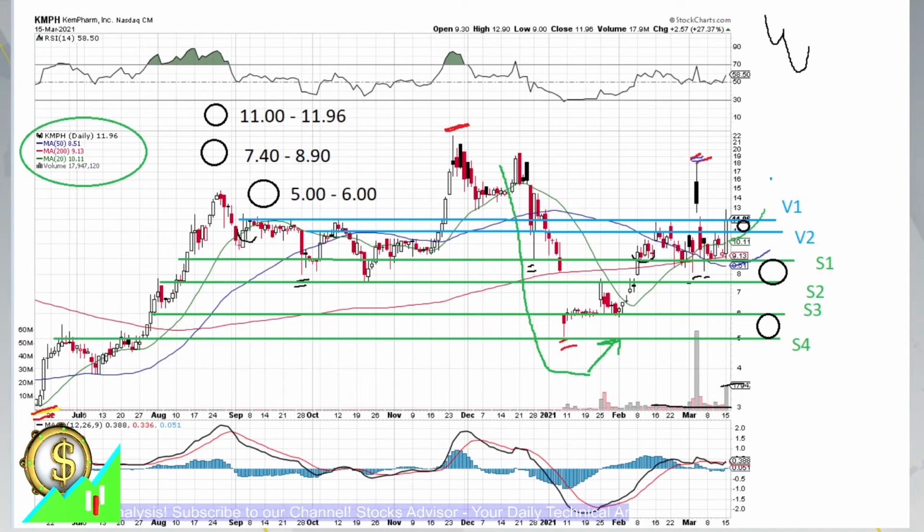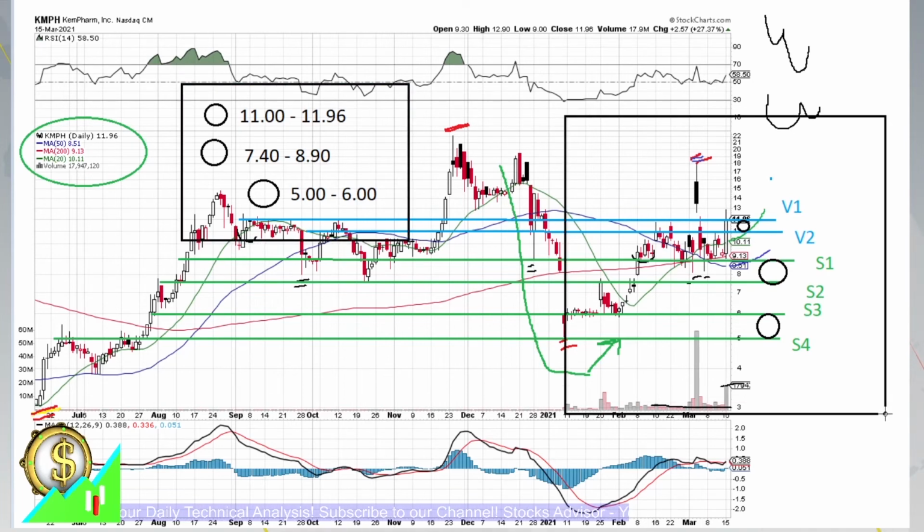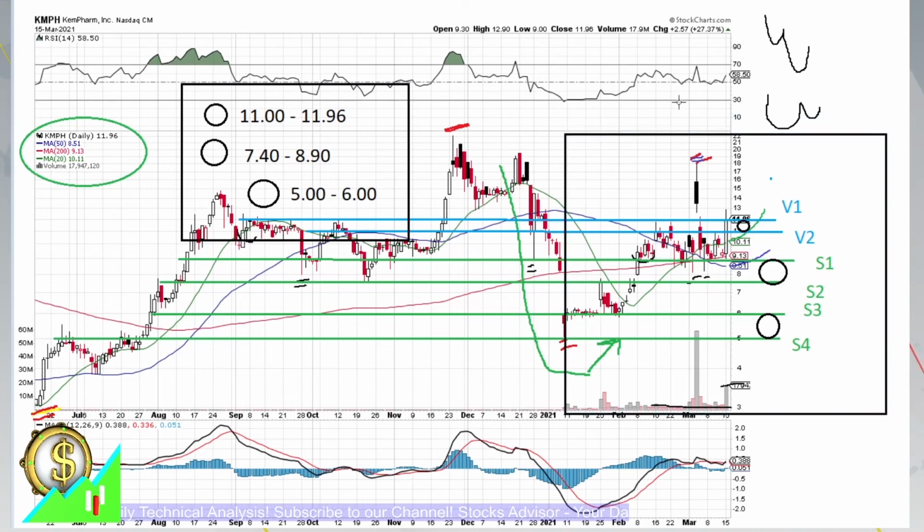And if it bounces back immediately at the channel of S1, S2, then we might have a cup and handle formation. Anyway, in both cases, we know how to engage here and it will be a quite safe trade with all major risks mitigated. So with this being said, that will be the numerical card to play. If you prefer a graphical representation, you can look here, just make a screenshot of this one.